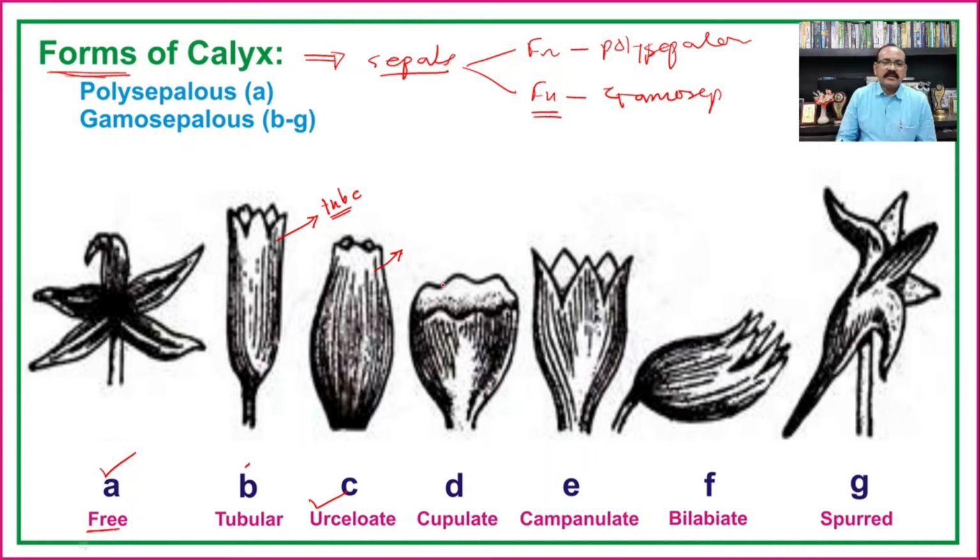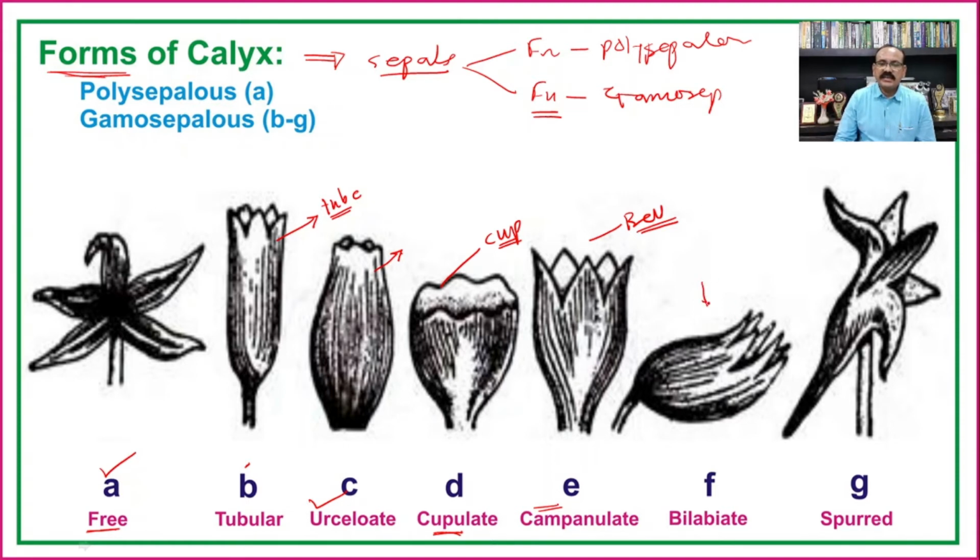Then here there is a formation of a cup-like structure by the fusion of sepals, and hence it is known as cupulate. If it is bell shaped, then it is known as campanulate.